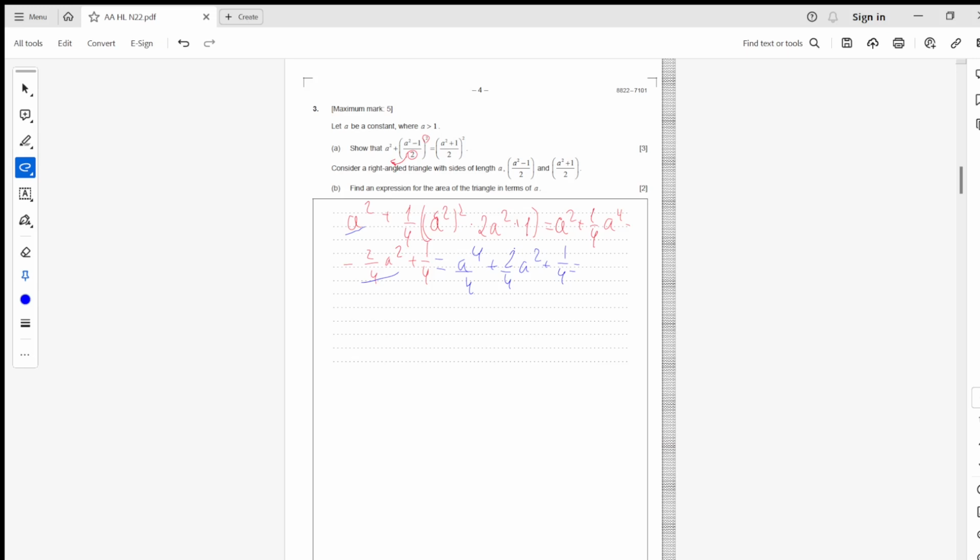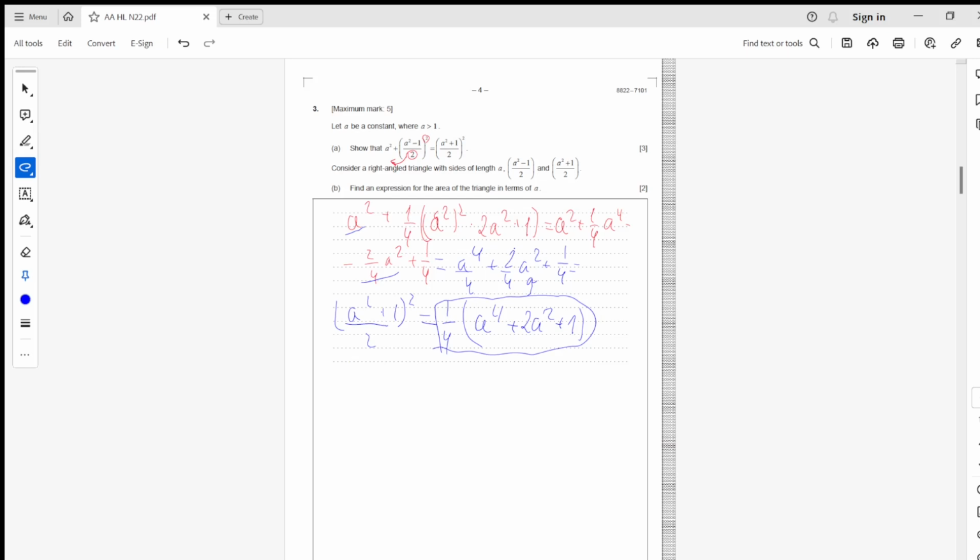And the last thing, we can just do the same thing to the right hand side. Again, I want to put 1 over 4 up front. And as you can see, this is basically the same as this one. I just need to multiply by 1 over 4. That's it.